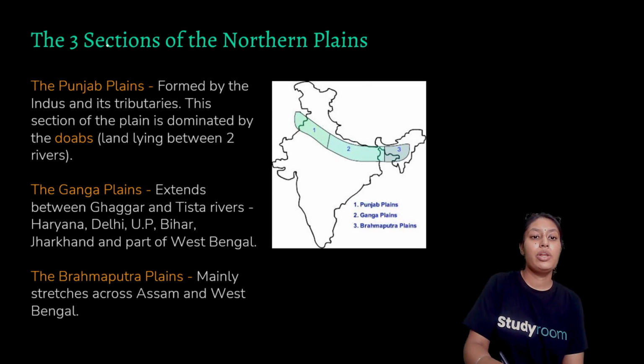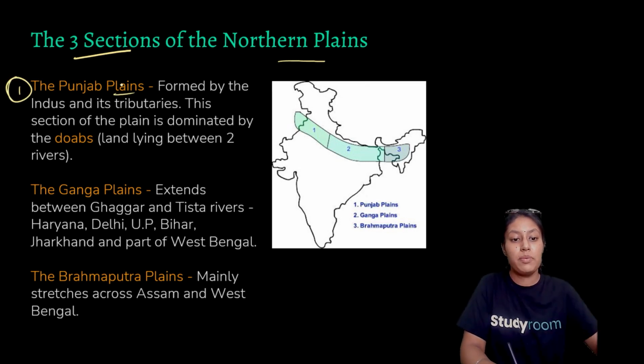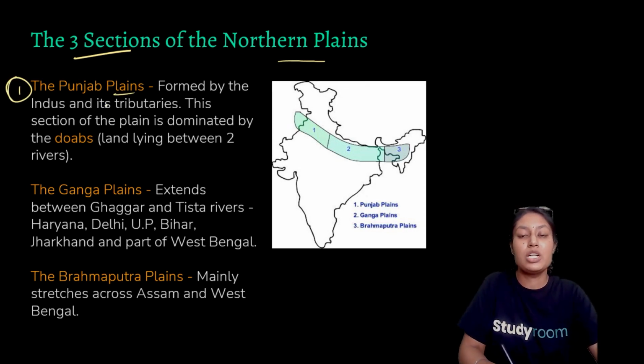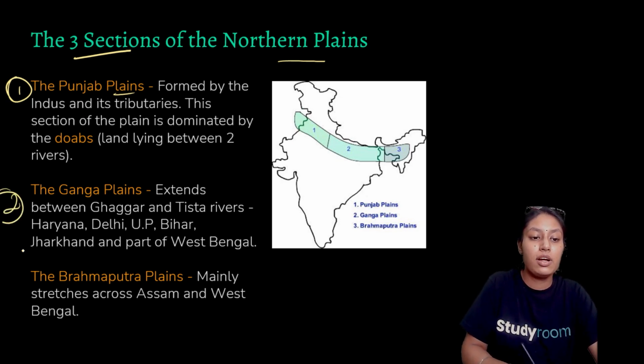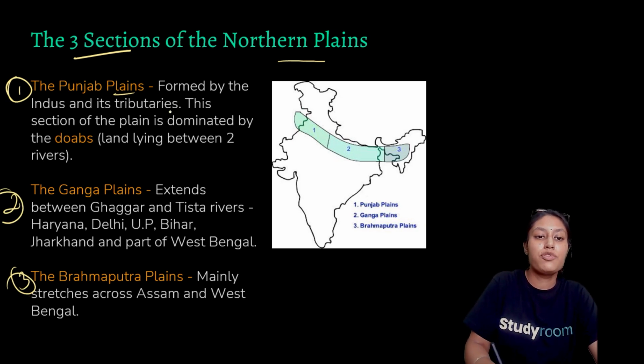Now there are a total of three sections of northern plains that we understand. The first section is the Punjab Plain. Okay, so it's divided into three parts. First is the Punjab Plain, the Ganga Plain, and the Brahmaputra Plain. Punjab Plain is formed by Indus tributaries. So they differ because of their source of rivers. So Punjab Plain has Indus and its tributaries.